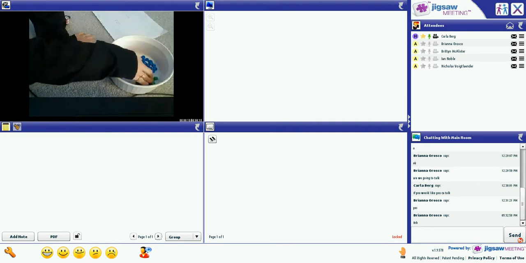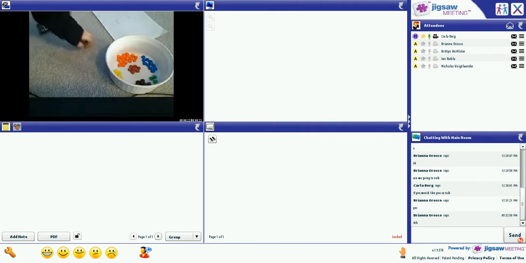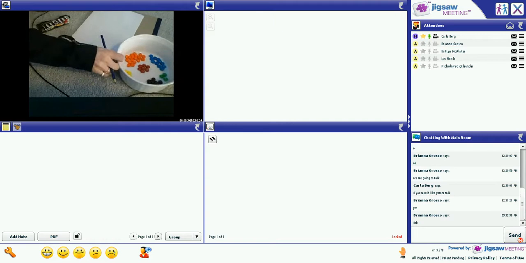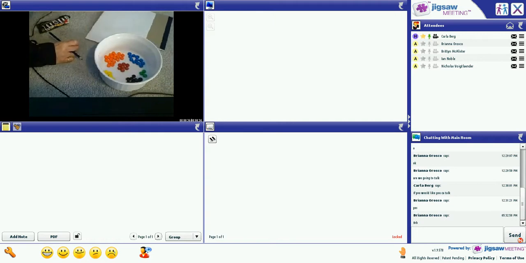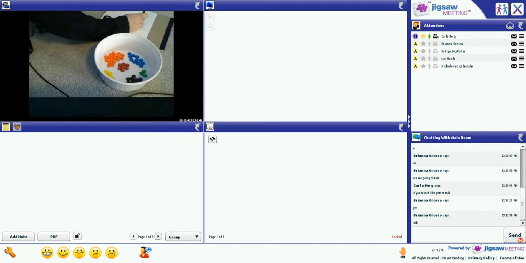Once you have everything separated out, we need to make a data table. I'm going to take a scratch sheet of paper, and I'm going to draw my data table. I'm going to make it, hopefully, so you can see both here. My data table is going to be nice and simple.